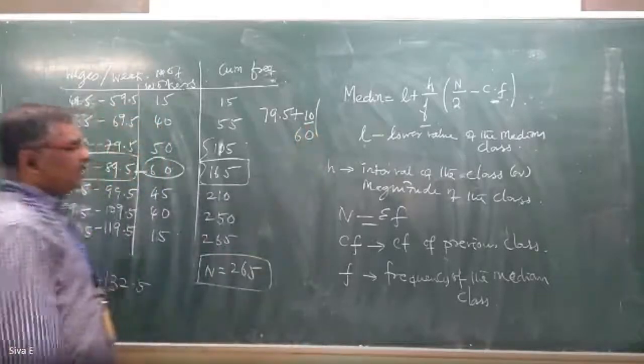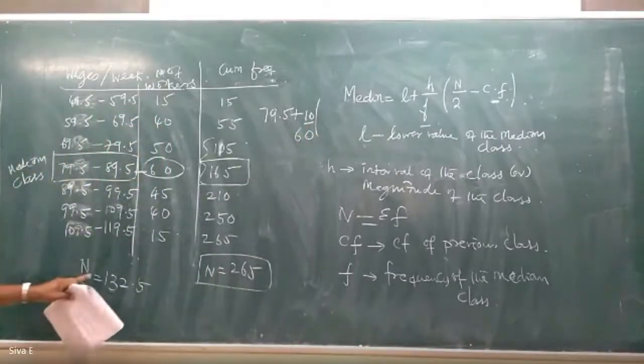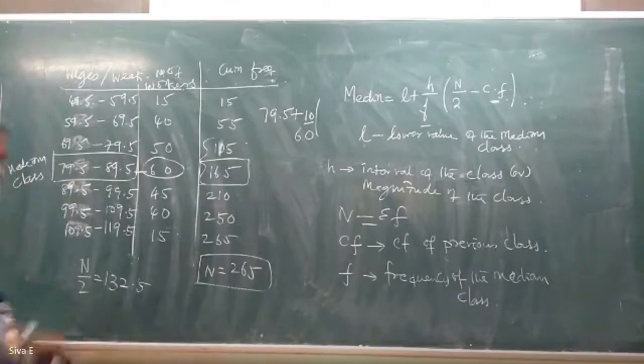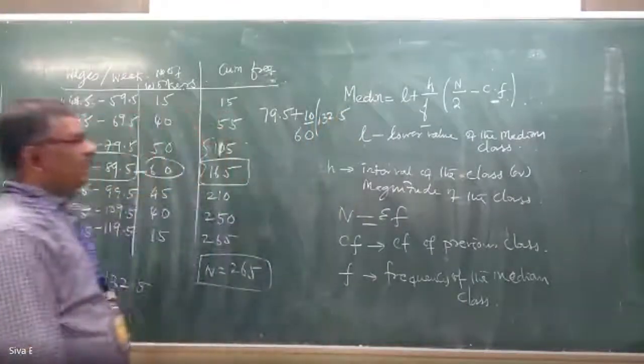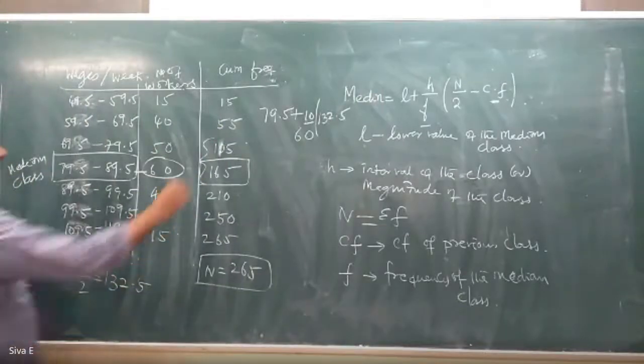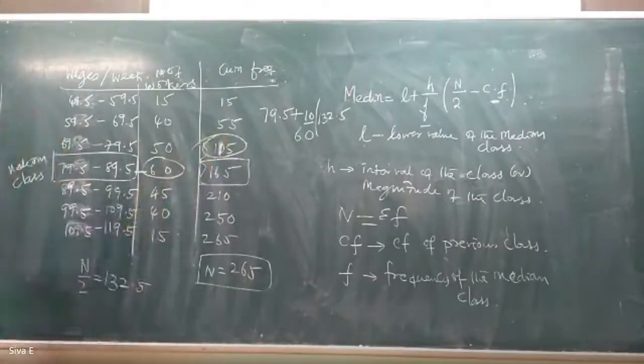So 10 by 60, then n by 2 is 132.5 minus the previous cumulative frequency 105.